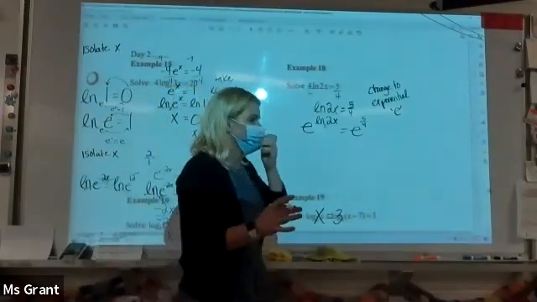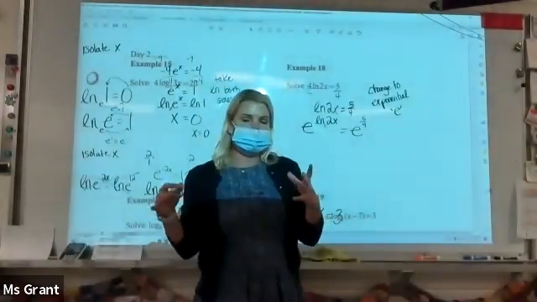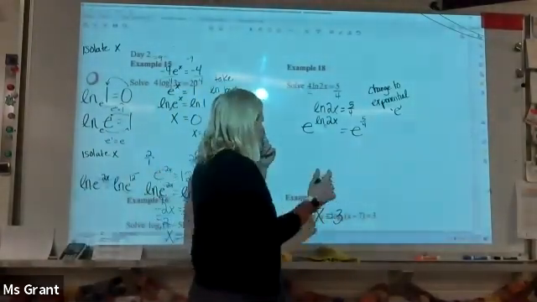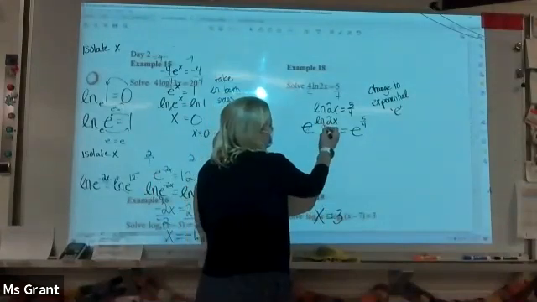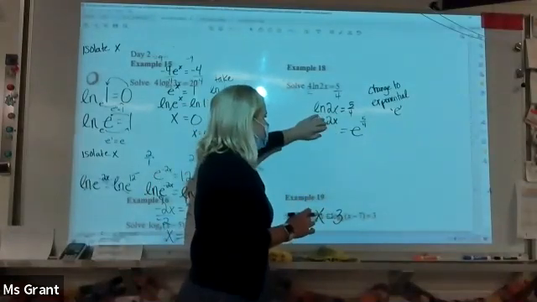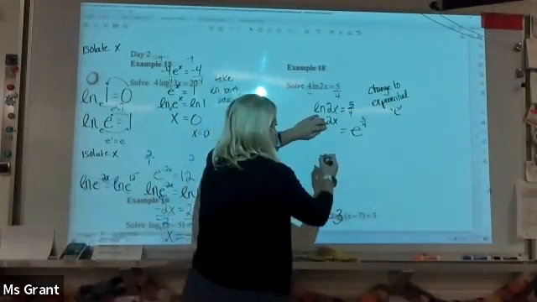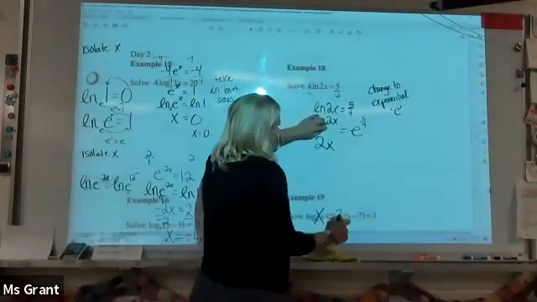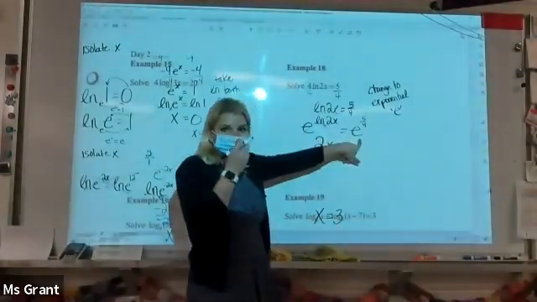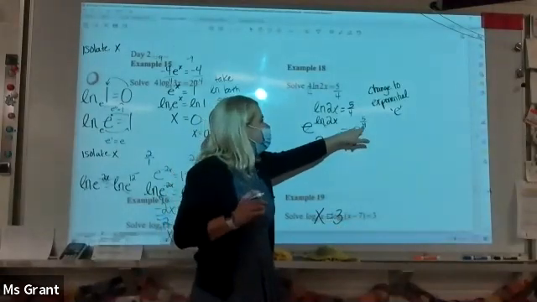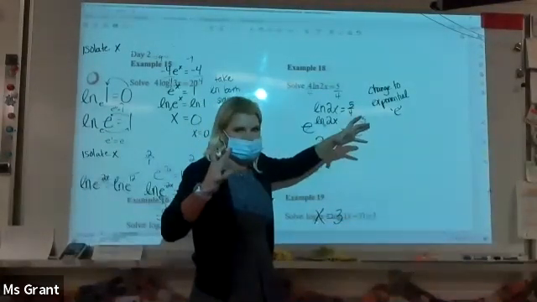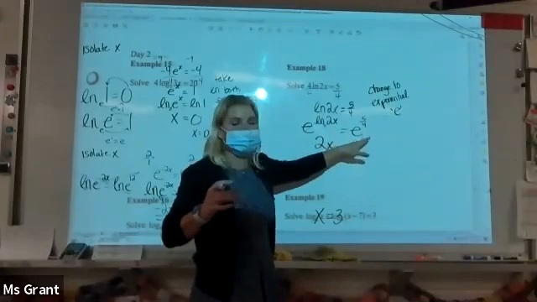Okay. Using my natural log rules, I know that e to the ln of something is all the same, so I'm good to put 2x. But right now, I don't have e to the ln of 5/4. I have e to the 5/4.